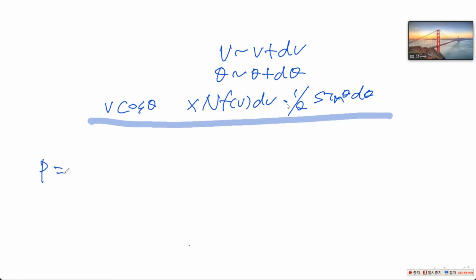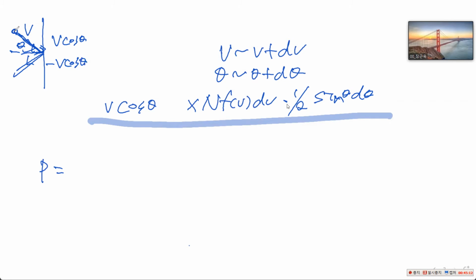The total pressure: in 1D we can say that the velocity has angle theta, then for the incident particle the velocity is v cosine theta, and on recoil it is minus v cosine theta.